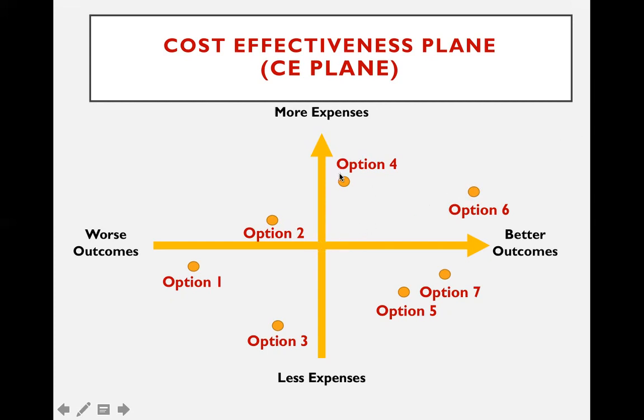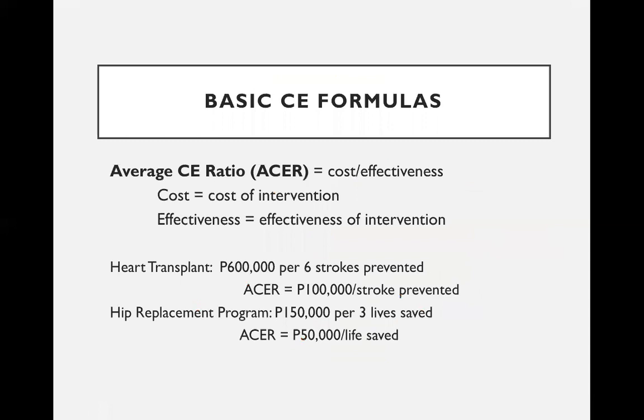In option 4, we can see that it's quite expensive compared to the comparator, but the amount of benefits is minimal. So is it worthwhile to invest in option 4? That would depend on a person's willingness to pay, or on a larger scale, what society is willing to pay.